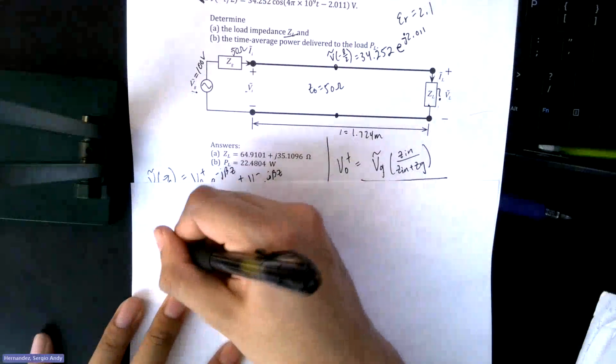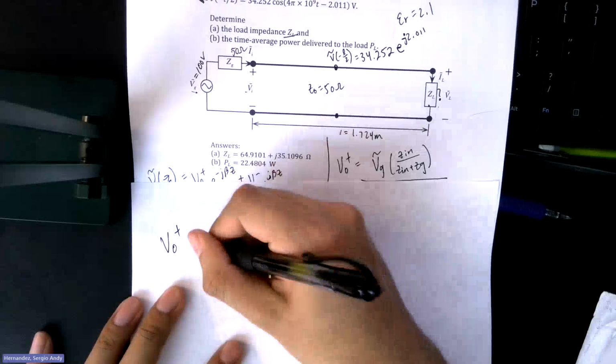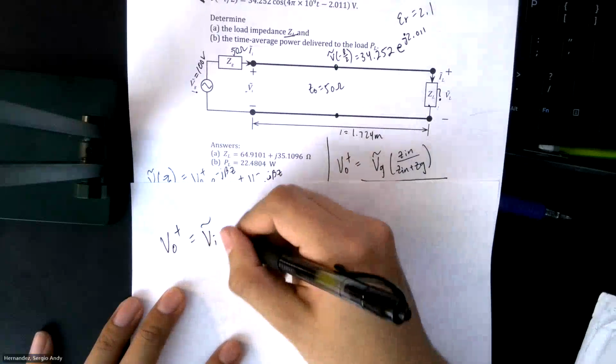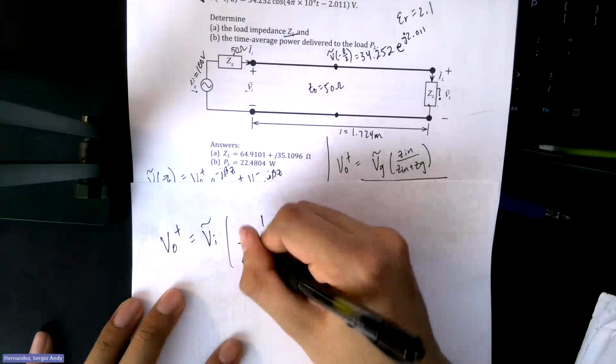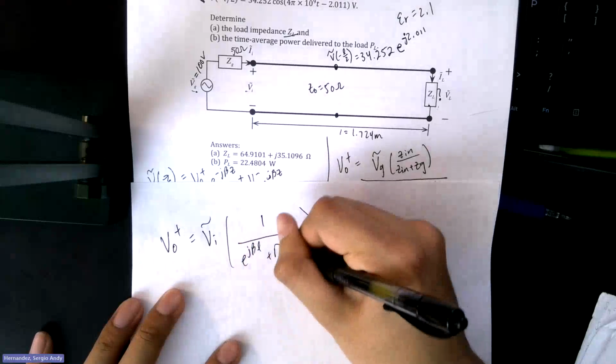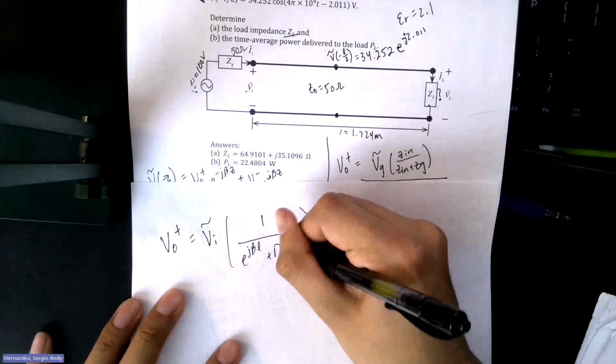And then with that VI, you're able to solve for your V naught plus. So it's VI, 1 over e to the j beta L, gamma e to the j.